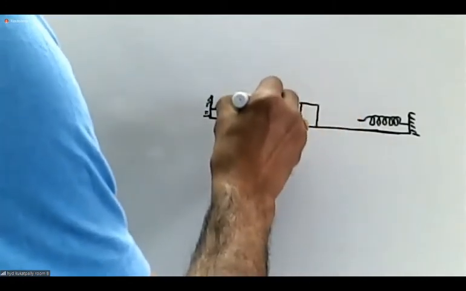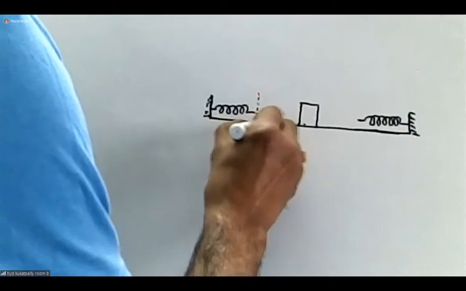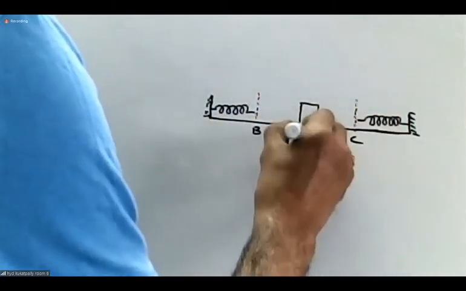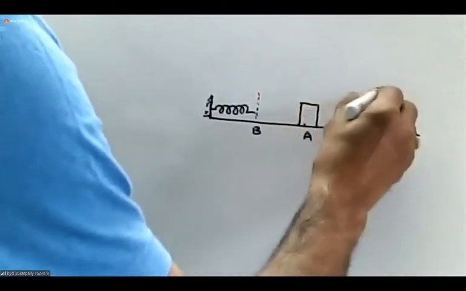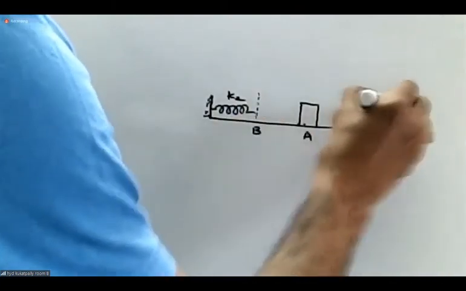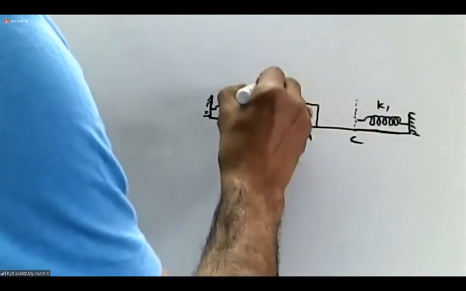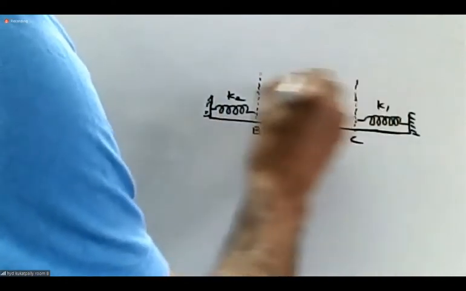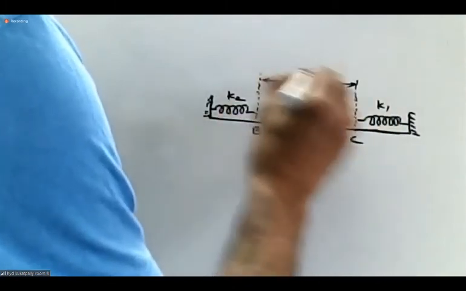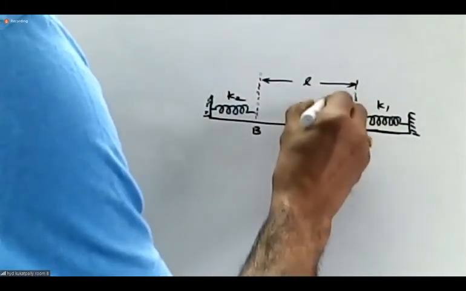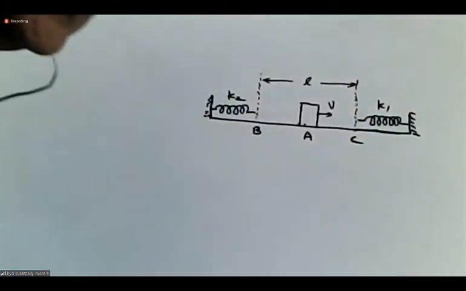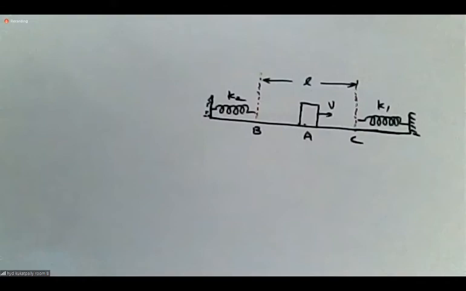So this point is B, this point is C, this is A, with K2, K1, and the distance is given as L. This is projected with the velocity V. Smooth surfaces. Find the time period of oscillation.